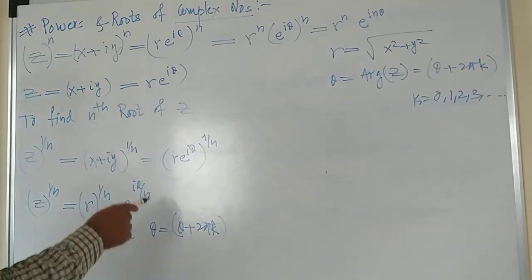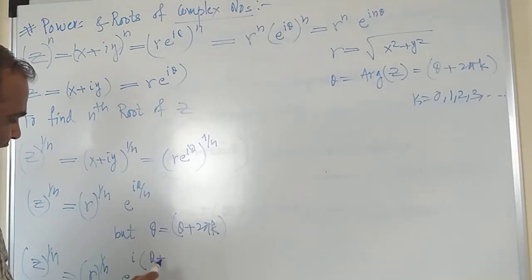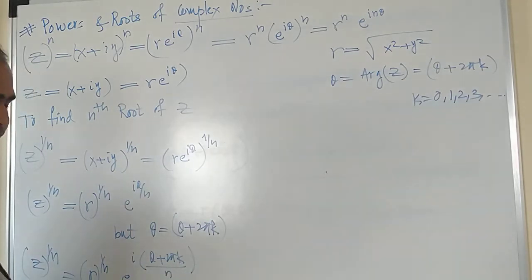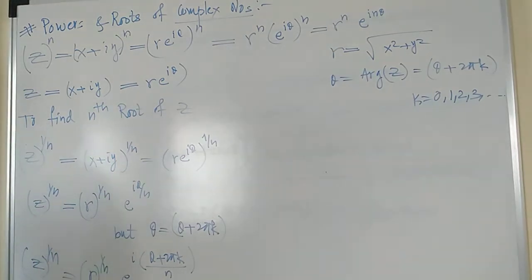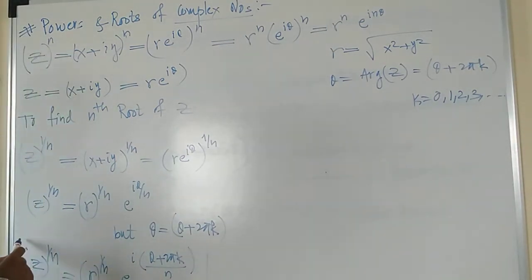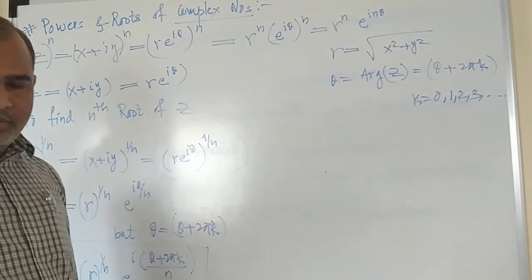Got it? So the above formula will change now. So z raised to power 1 by n will become r raised to power 1 by n into e raised to power i times theta plus 2 pi k by n. This is very important. Please remember this.